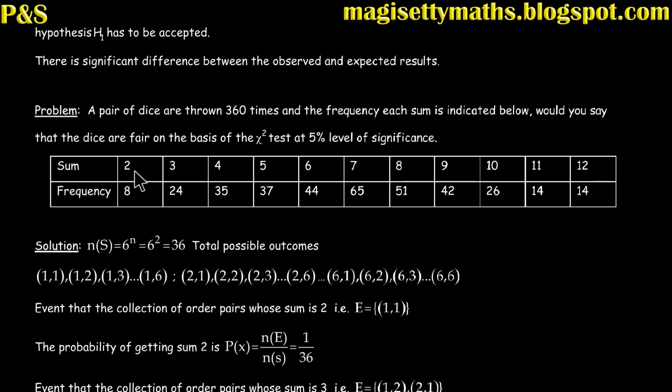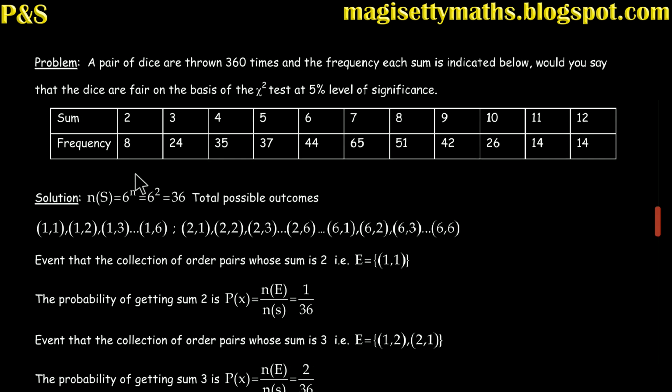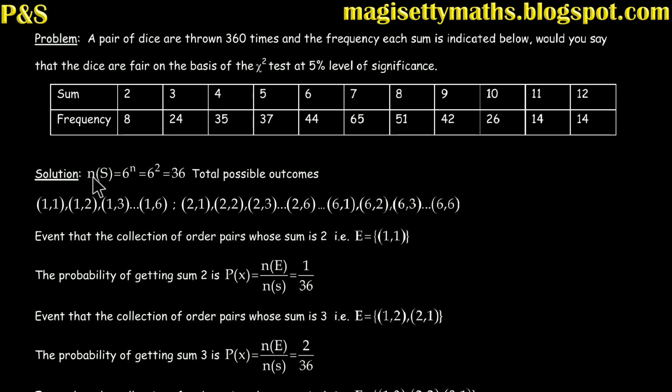The expected frequency of sum 2 is obtained from the probability of getting sum 2. We evaluate for a single trial and then apply it for 360 trials. Now for one trial, evaluating the probability of getting sum 2, sum 3, sum 4 and so on up to sum 12. Now observe this.